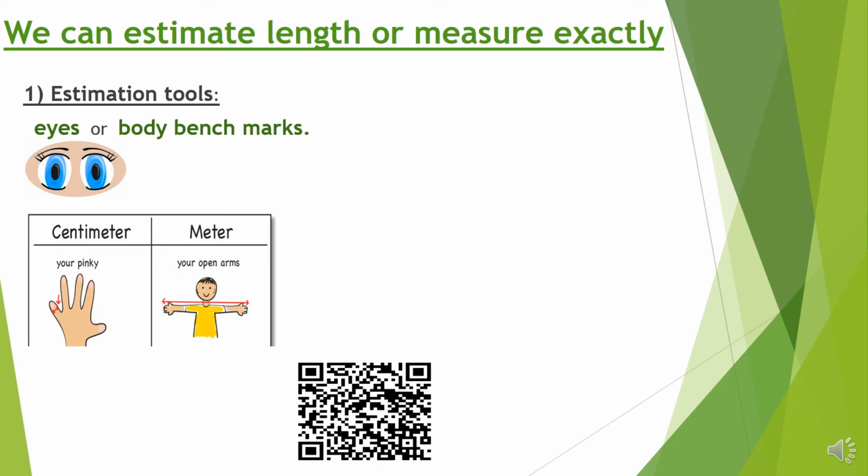We can just look at an item and guess its length, or use a body benchmark, as we learned before that the width of our pinky finger is nearest to 1 centimeter. And if we open our arms, the distance between our hands will be like 1 meter. This is the estimation way.